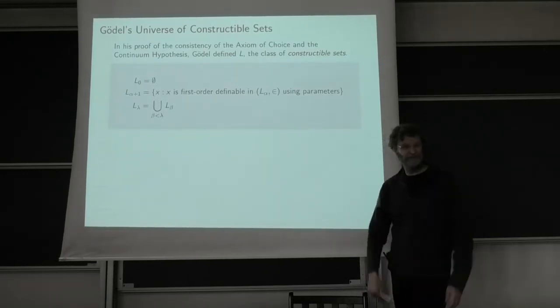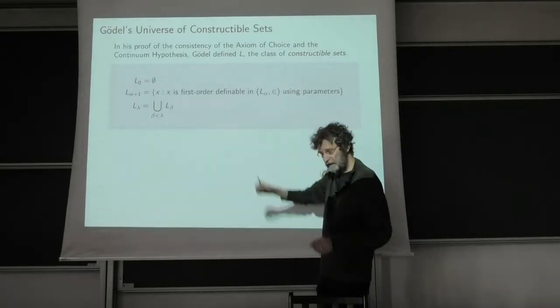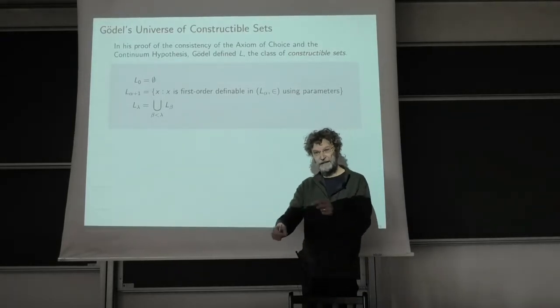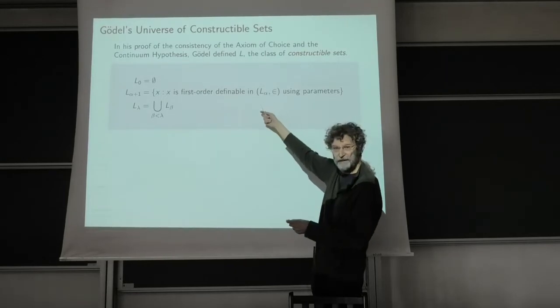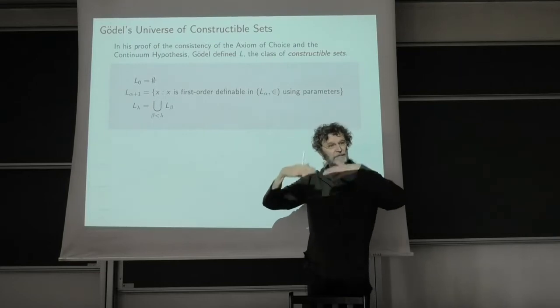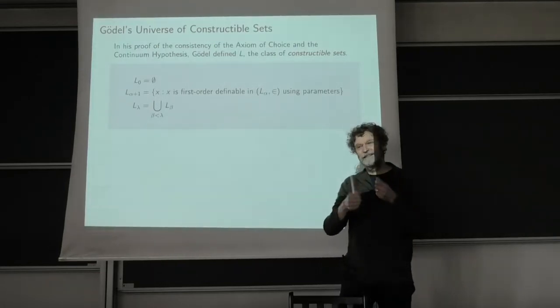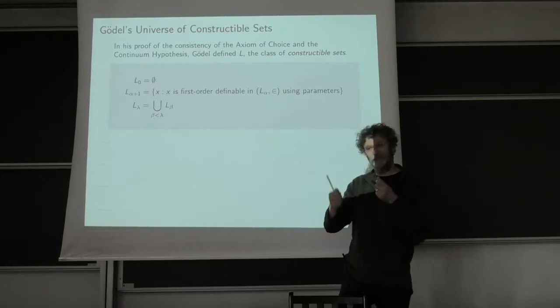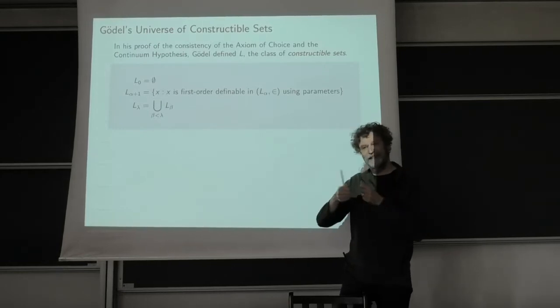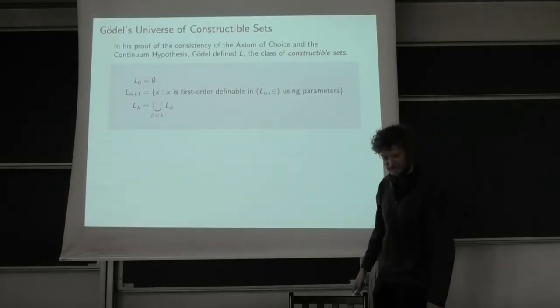First order definitions. You look at everything that you can concretely define using only what you've generated already, and that's what you have at the next step. And then you just keep going. Keep using what you've got to build what you can next, and then use that to build what you can next, and so on. So that's Gödel's class of constructible sets.